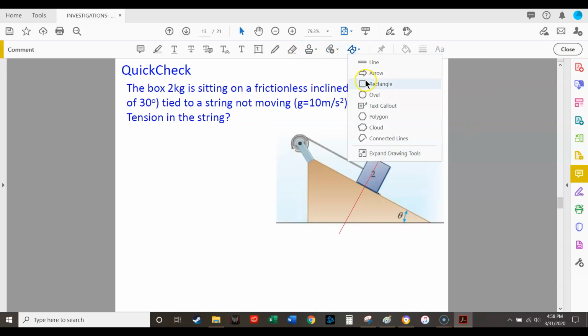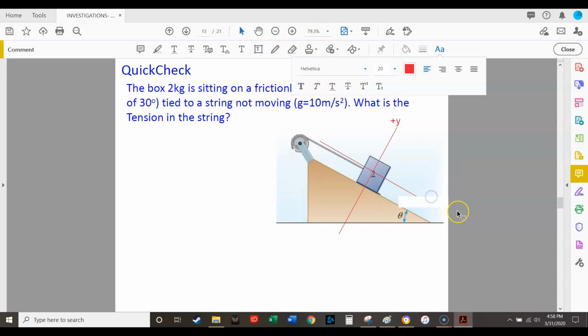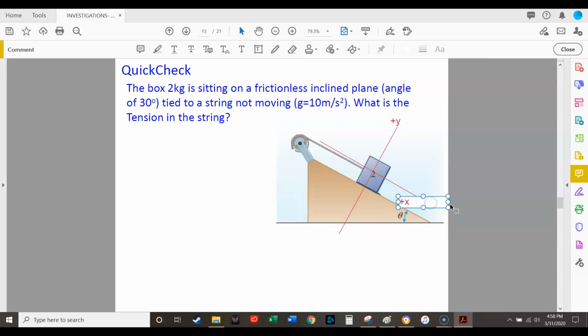I'm going to draw a line for the x direction coordinate system, and label that positive x.